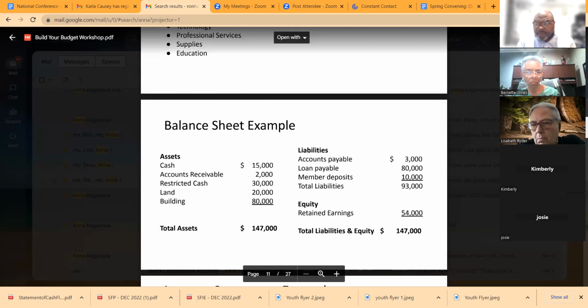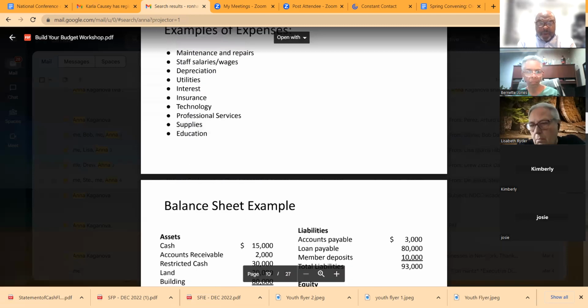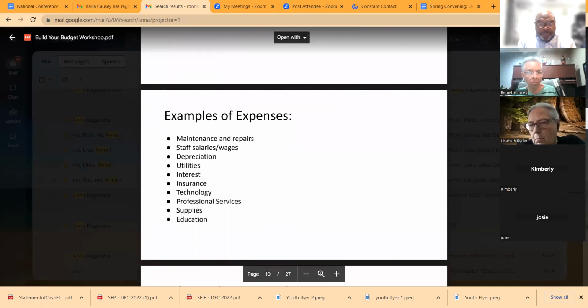Everyone clear on how this balance sheet is structured with the assets and liabilities? Yes. Okay. Well, good. I'm hoping I'm doing a good job of explaining this. And again, examples of expenses: maintenance, repairs, staff salary, wages, depreciation, utilities, interest, technology, professional services.